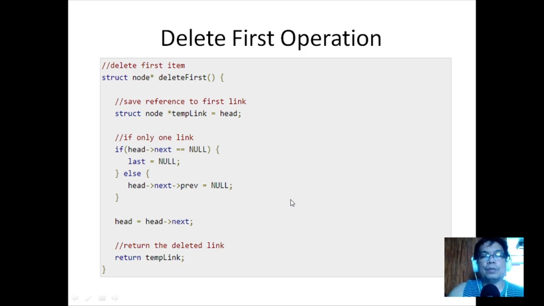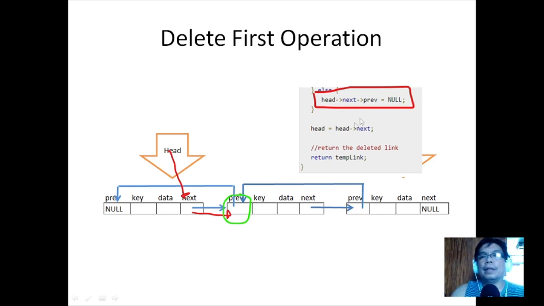Okay, so let's now proceed with the delete operation. Again, this will be our code, and we'll be concentrating on this one. Head next prev is equal to null. So again, this is the head. Head next prev is equal to null.